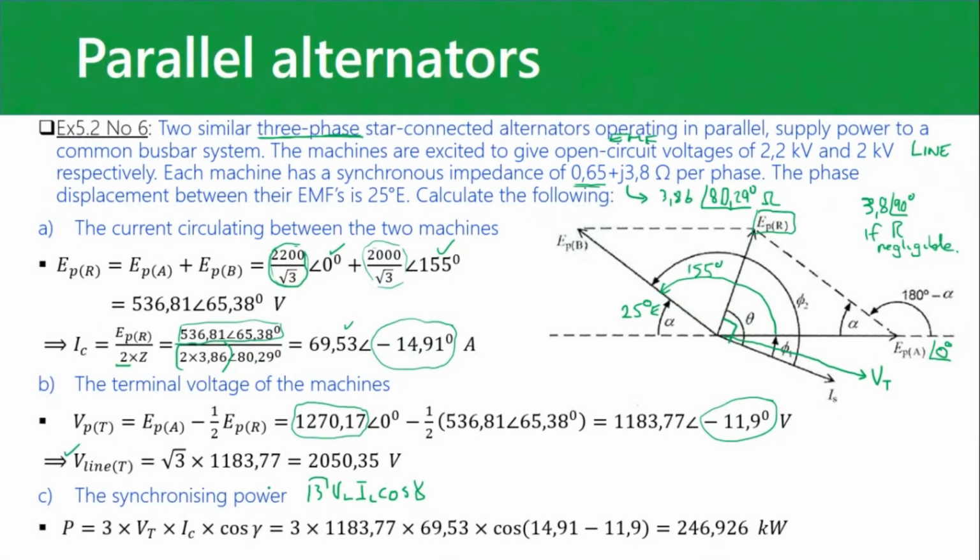But I'm using 3 times phase values. It makes no difference. I'm using the phase voltage. It's star connected, so phase currents equal line current. Then cosine of the difference between this angle and that angle. That's why you need those angles for the power calculation.